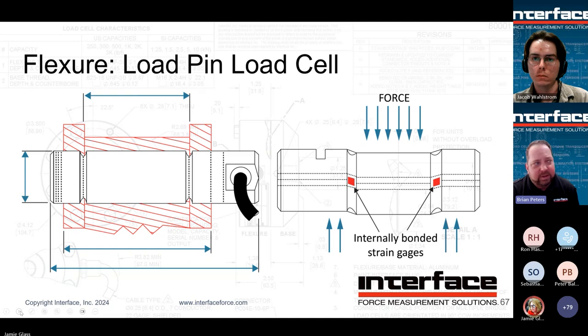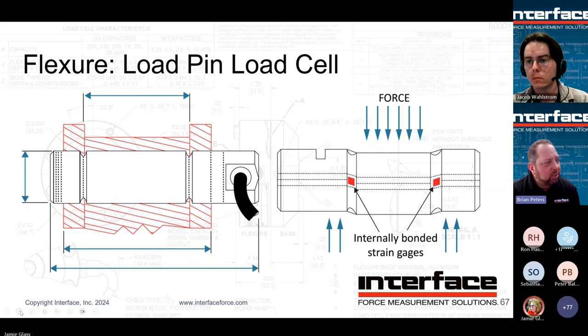But the key takeaway there is they come in 2 flavors. They're going to come in either an internally gauged solution or an externally gauged load pin. And the externally gauged are going to have much bigger exposed pockets. They usually have to be potted, or in some cases light welds. But Interface primarily offers internally bonded solutions for load pin, much more rugged. We can seal off the ends of the load pin and protect the gauge cavity.